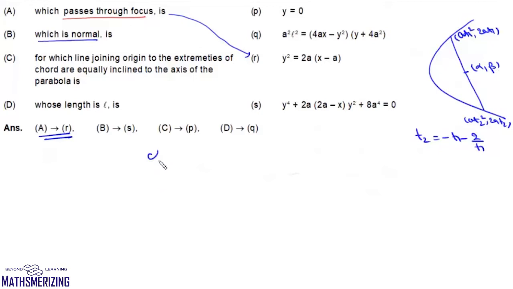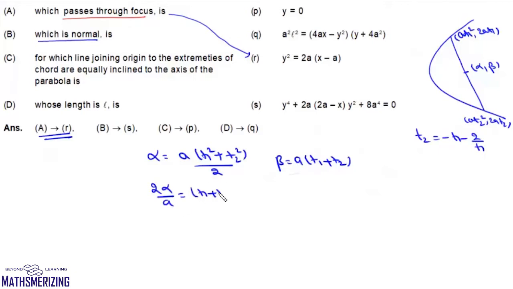So we can write alpha as a times (t1 square plus t2 square) upon 2, and we can write beta as a times (t1 plus t2). So we can write this as 2 alpha upon a, and we'll add 2 t1 t2. So it will be (t1 plus t2) whole square minus 2 t1 t2, and here t1 plus t2 will be beta upon a.